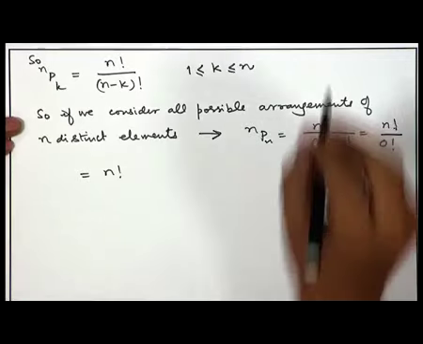So, for example, if I consider two elements a and b, then the number of ways will be ab, ba. So, that means 2, or 2 factorial. If I consider 3, a, b, c, then it will become abc, acb, bca, bac, cab and cba. Therefore, total number will become 6, which is nothing but 3 factorial, because 3 into 2 into 1. If we allow the repetition, then the answer will change.